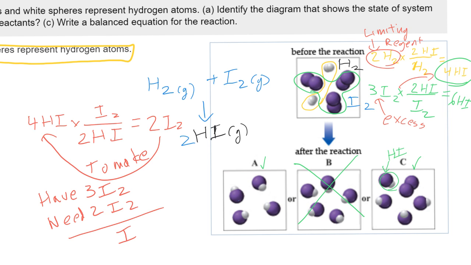So I have 1 iodine left over. So in my after reaction photo, I should still have 1 iodine left over. So that's why C is your correct answer.